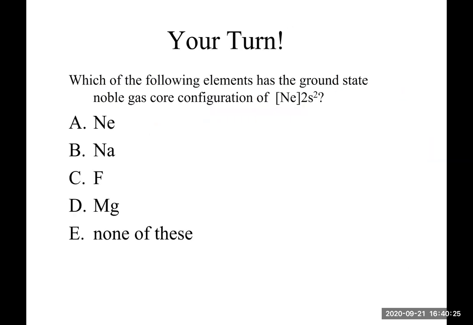So which of the following elements has the ground state noble gas configuration of neon and then 2s2? If we go to neon, we know that we're going to back up 1. We look at the periodic table and say, okay, sodium happens to be atomic number 11.